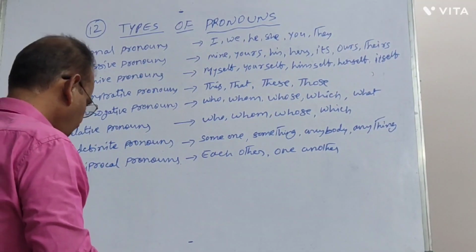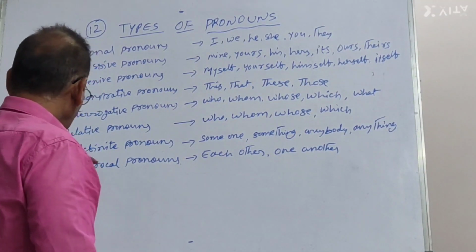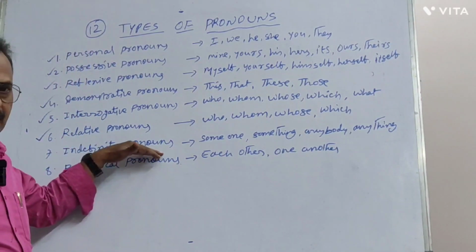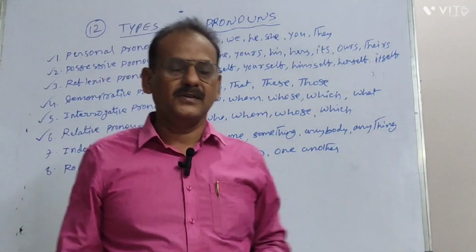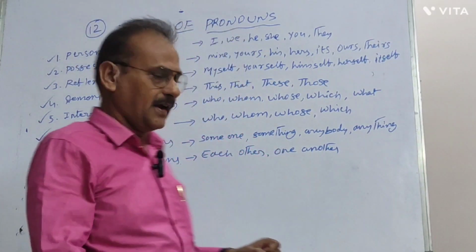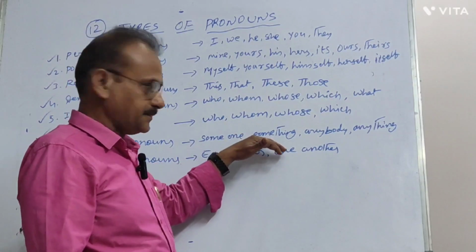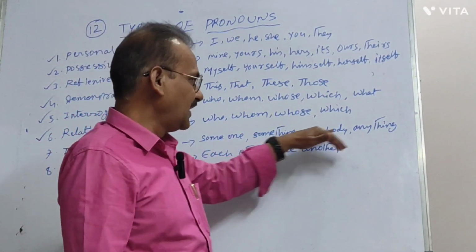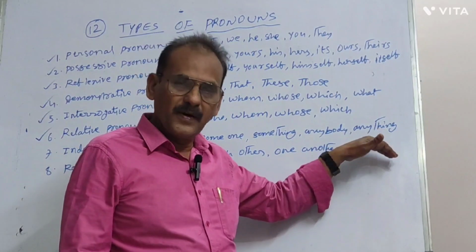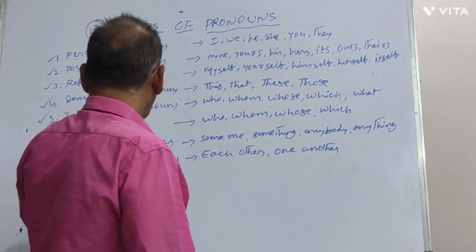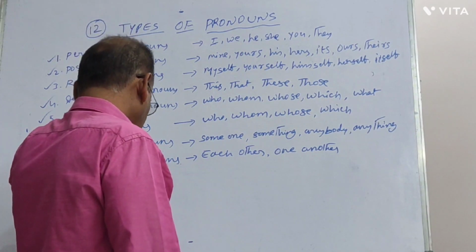Next, of course, last but one, indefinite pronoun. The best examples for these indefinite pronouns are someone, something, anybody, anything, nobody, nothing. So these are the examples for indefinite pronouns.